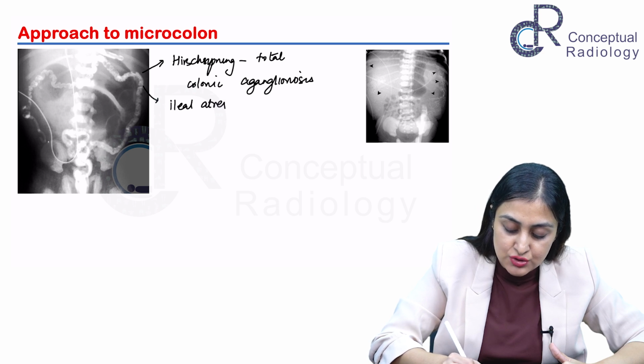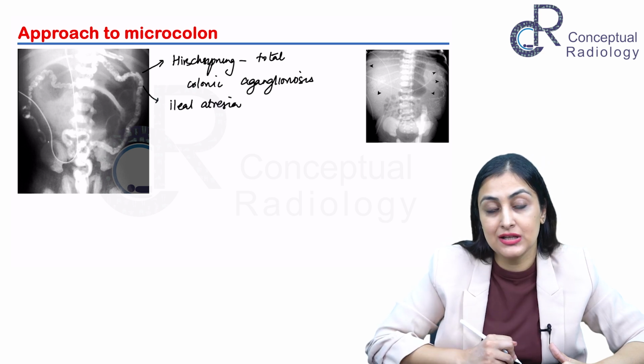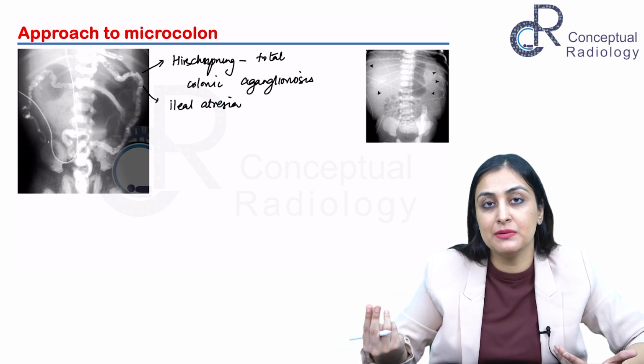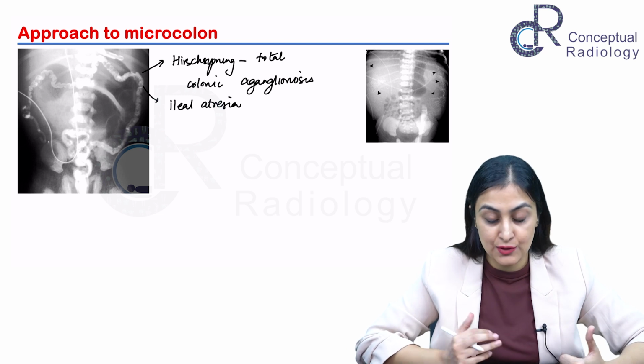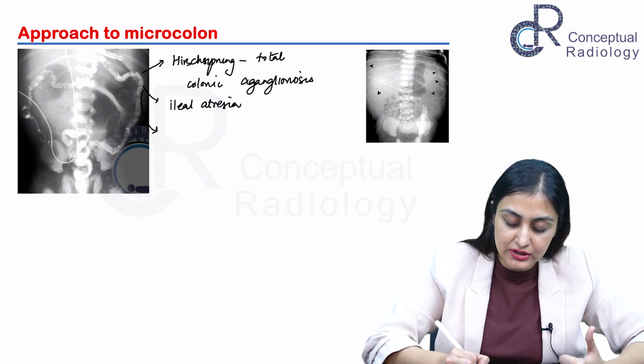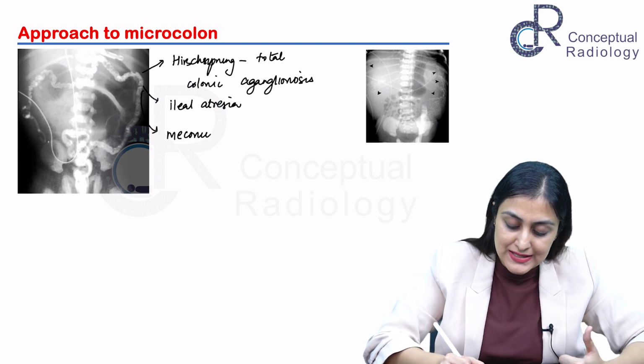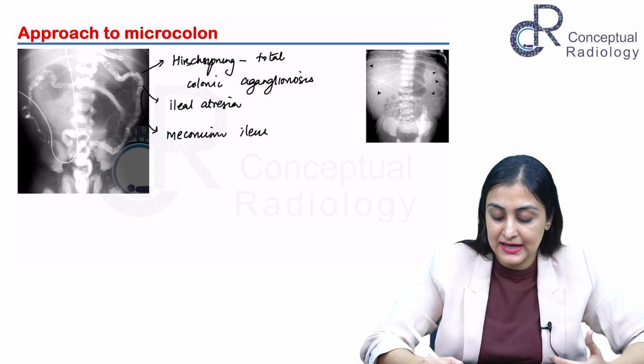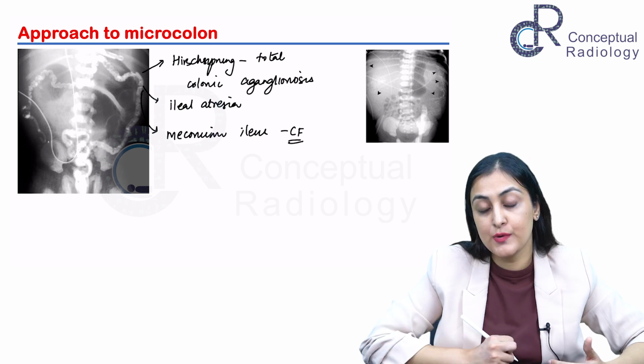When you have jejunal or ileal atresia, no fecal matter, no meconium has ever reached the colon, and because of disuse it is narrow. A very, very important third differential is meconium ileus, something that is associated with cystic fibrosis, right?